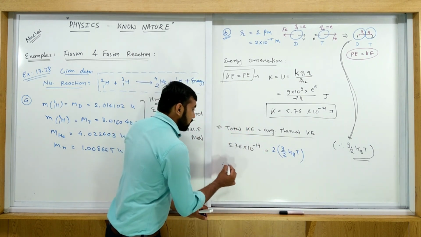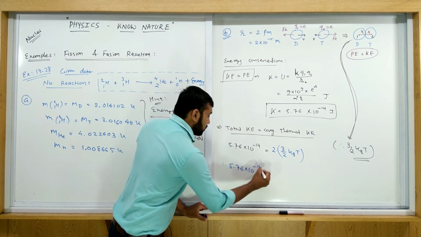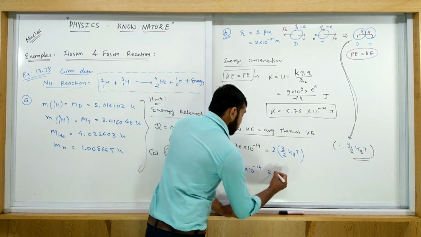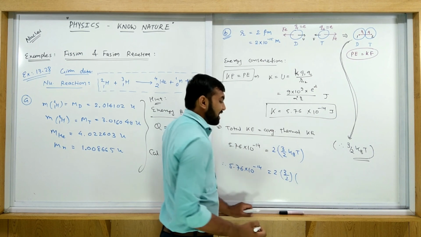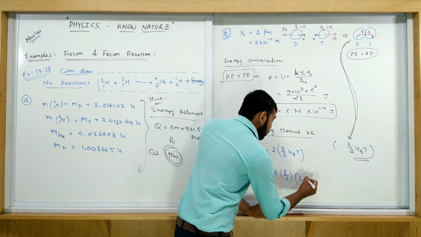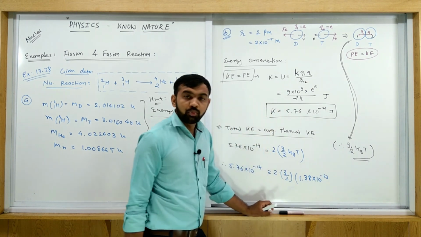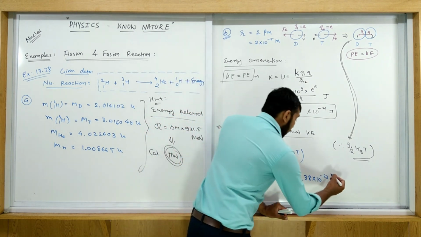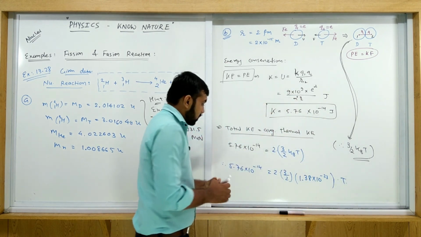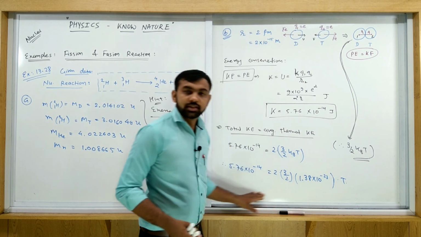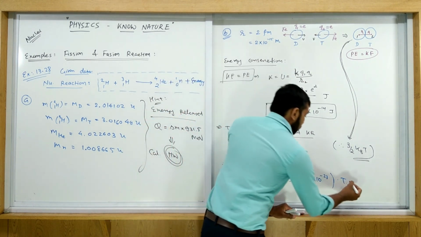So 5.76 into 10 raised to minus 14 is equal to 2 into 3 by 2 into 1.38 into 10 raised to minus 23, as we studied in KTG, multiplied by T. Only T is unknown in this equation, so find T.